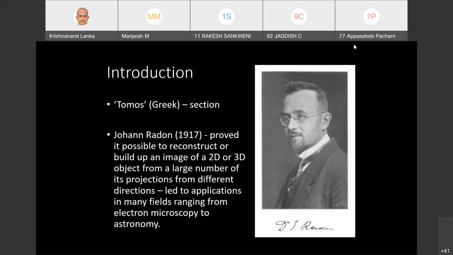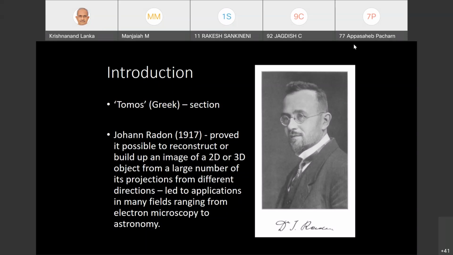Similarly here, Johann Radon visualized that we can construct a 2D or 3D image from a large number of projections. And in computed tomography, tomos means section. So when you take sections, you're able to reconstruct a 2D image.